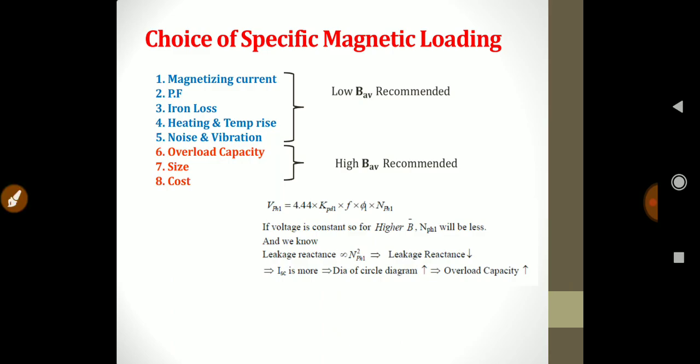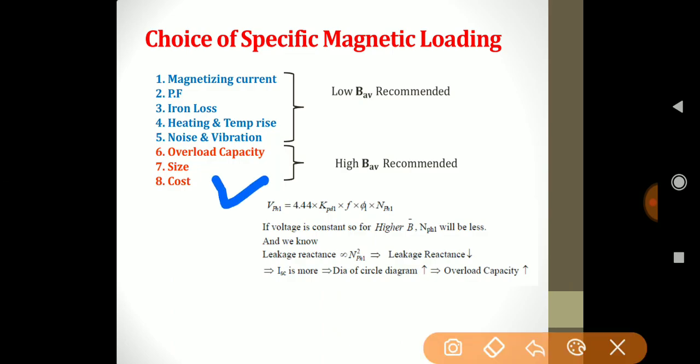To understand a few of them in a better way, I have written a few things here. VPH1, voltage per phase, is given by 4.44 kW F phi NPH1.